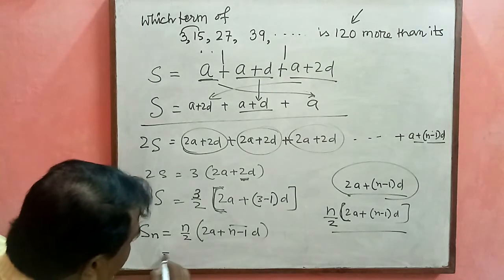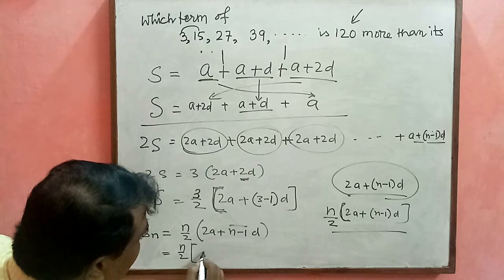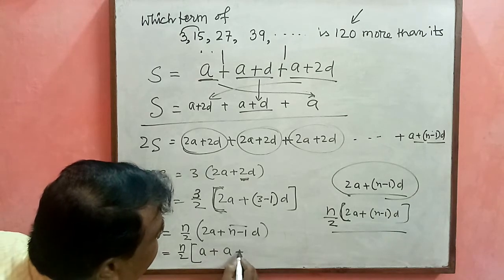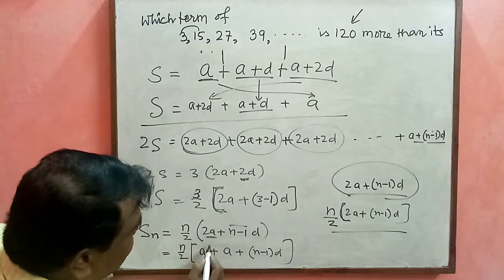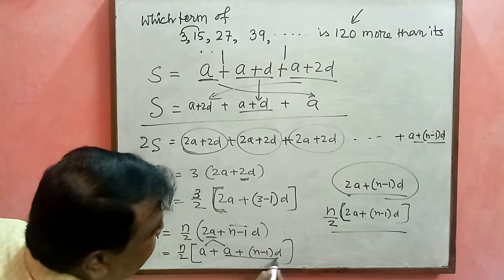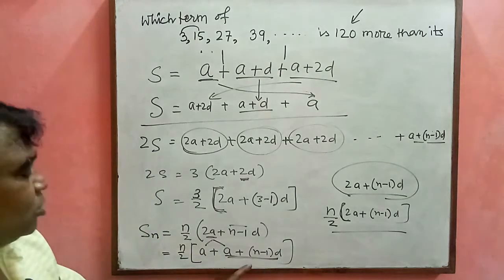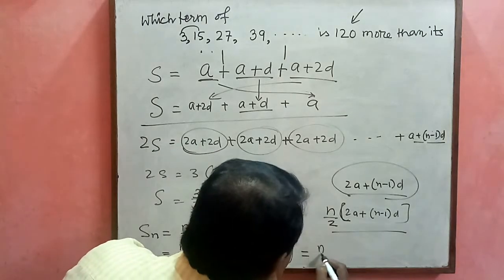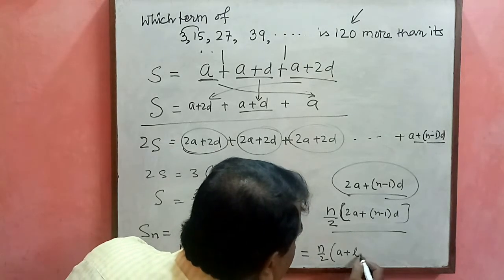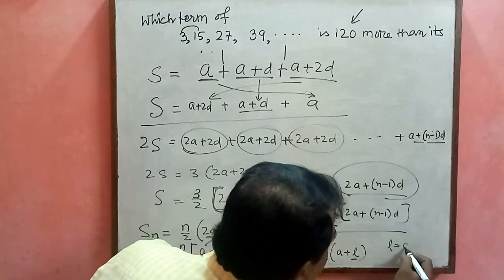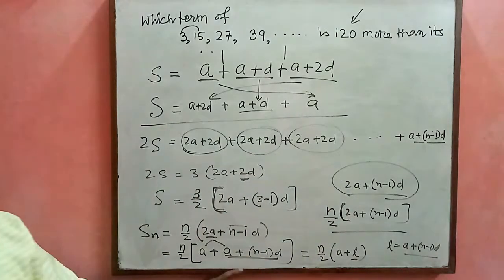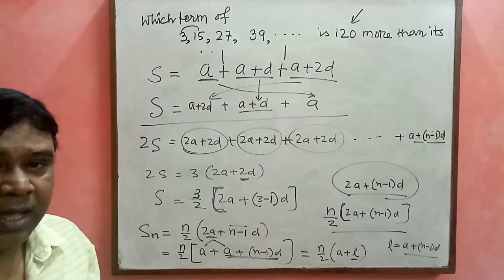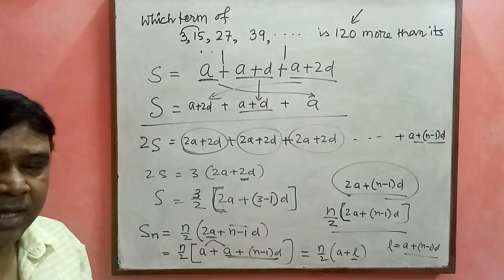I can write this as n upon 2 into (A plus A plus (n minus 1) into D). This way, if I split 2A into two parts, this is nothing but the last term or nth term. So I can write this formula as n upon 2 into (A plus L), L representing the nth term, which is A plus (n minus 1) into D. So these are the identities we have today, and this is all for today.